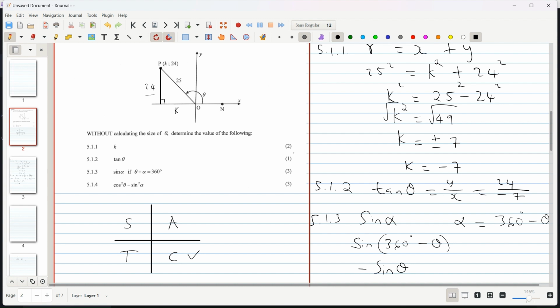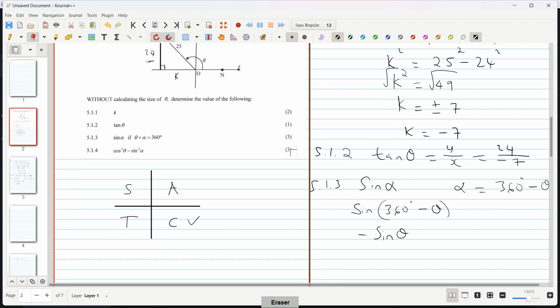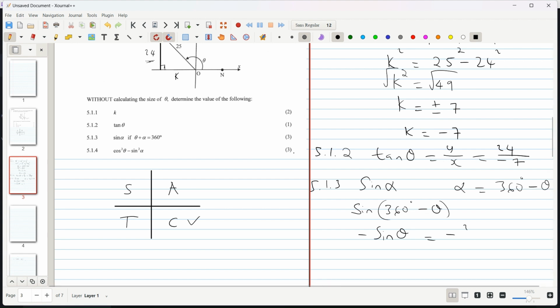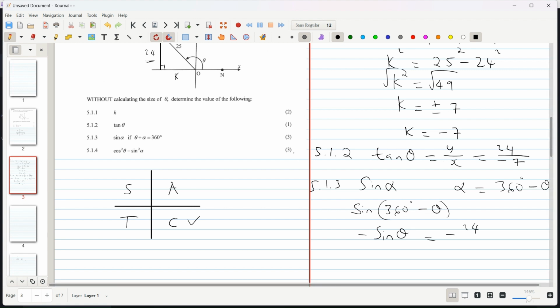We know its opposite, which is 24, divided by the hypotenuse. So our sine theta is opposite, which is 24, divided by the hypotenuse, which is 25. You should not forget the sign, because we know that the sign is what it is on the fourth quadrant.